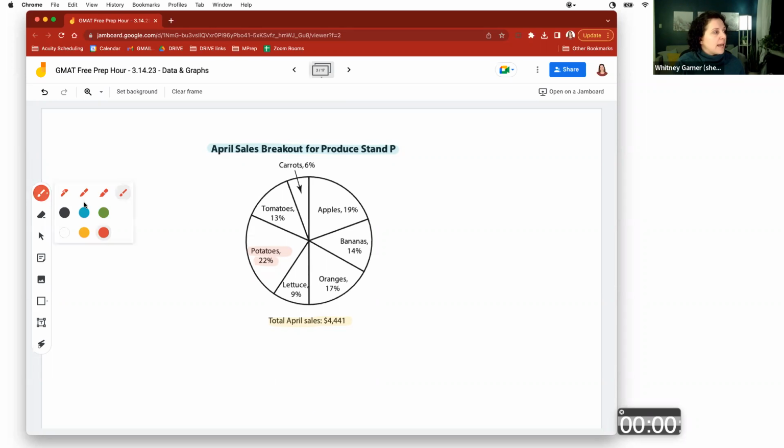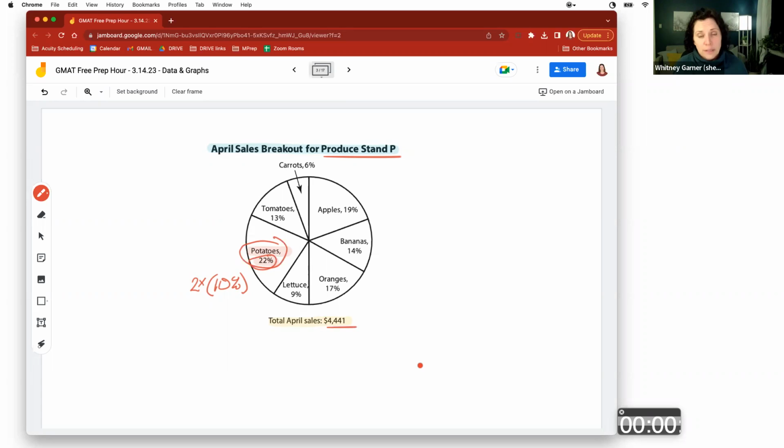And so I would say, okay, potatoes at produce stand P represent a little over 20%. Another thing to think about here is that's like 10% times 2. 20% of the total sales that were $4,441.